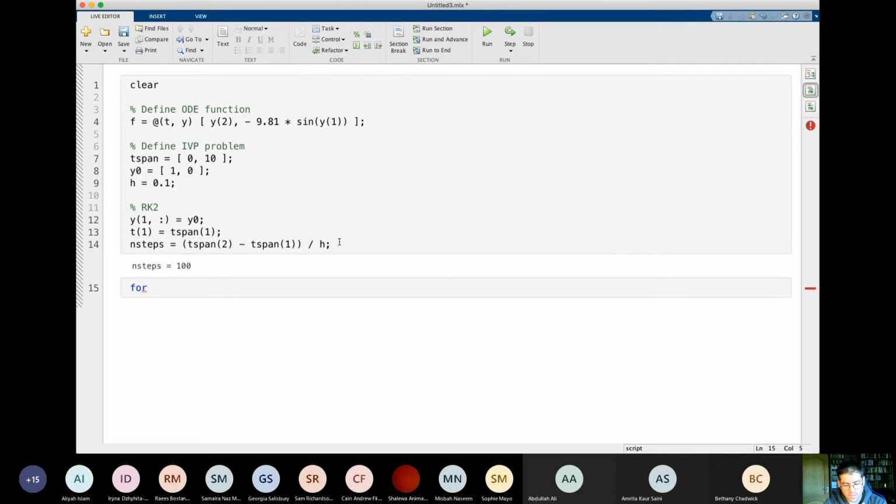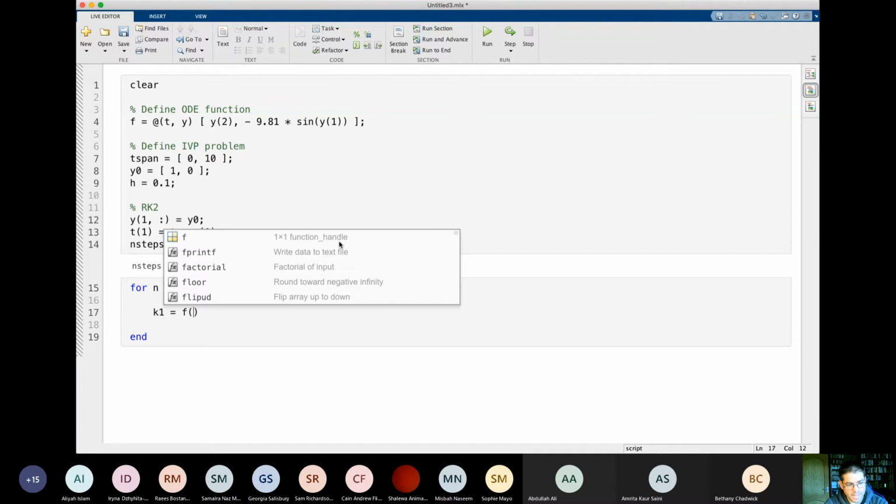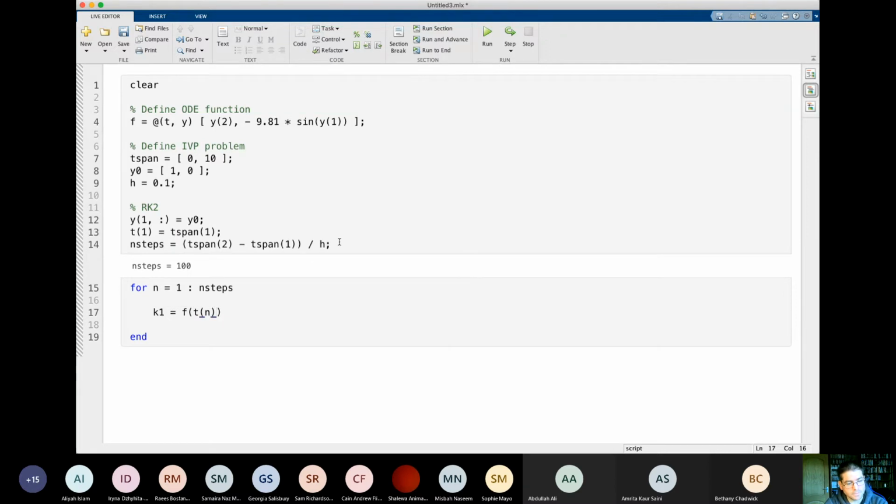Then we do the loop. I'm going to use a second order Runge-Kutta method. I think you're asked to use the explicit Runge-Kutta method you derived in the earlier part. So we calculate stage values, which will be f of Tn and f of Yn. If we were just dealing with one equation, that would be sufficient, but we're dealing with a system of equations, so I have to use the whole nth row.